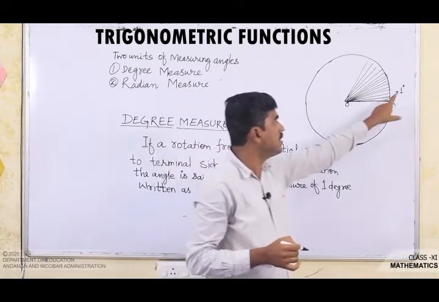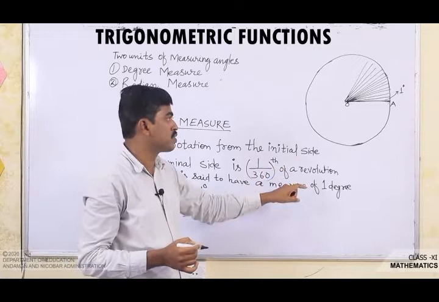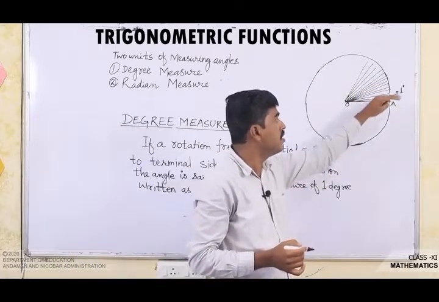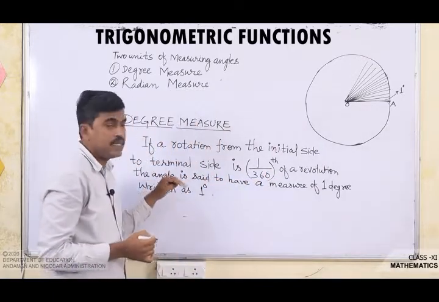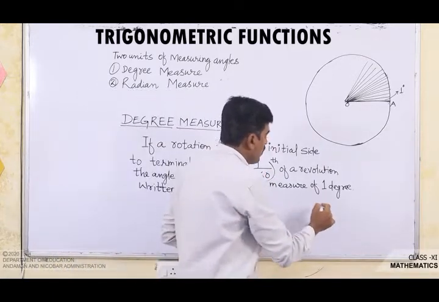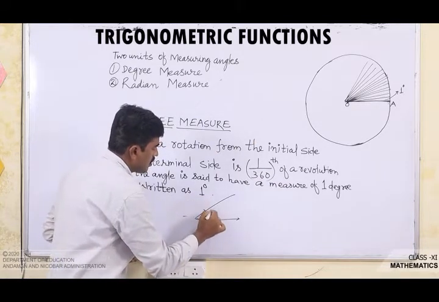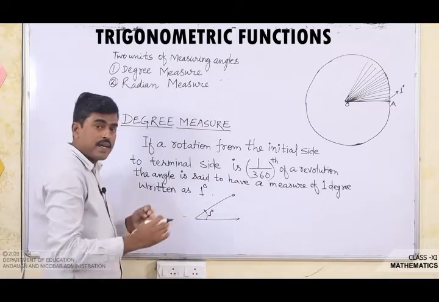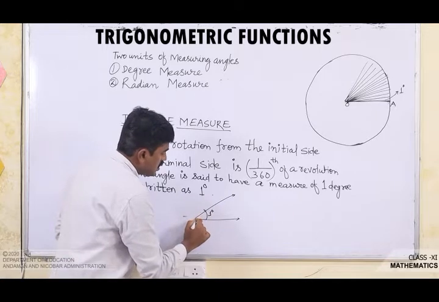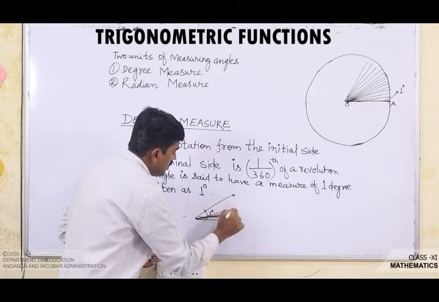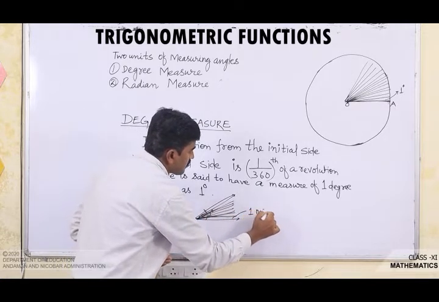So what is 1 degree? 1 degree is 1 upon 360th of a revolution, meaning a complete circle. Now suppose this is 1 degree. 1 degree is further divided into 60 equal parts, and each part is measured as 1 minute.